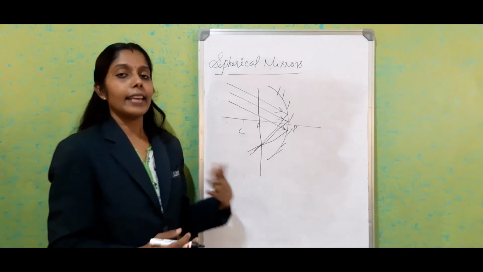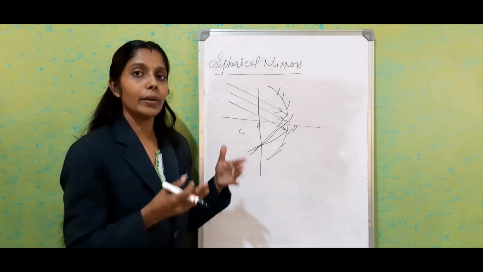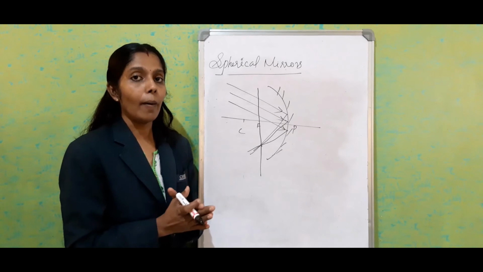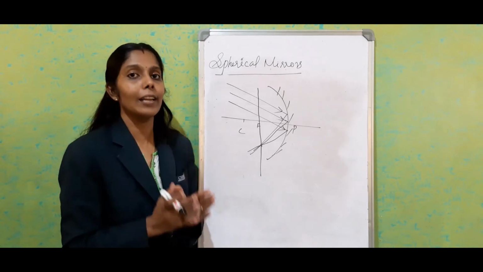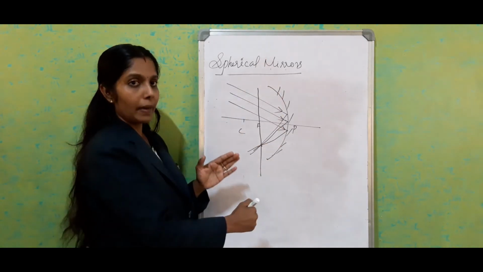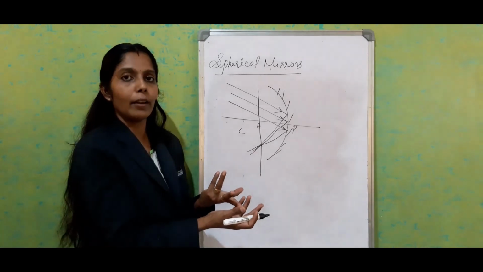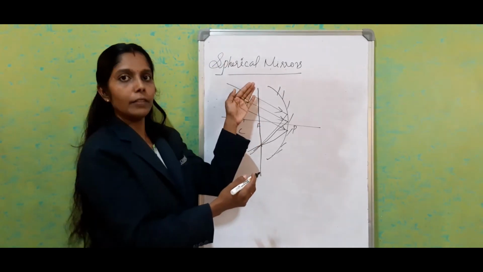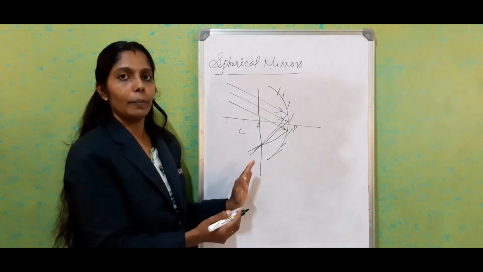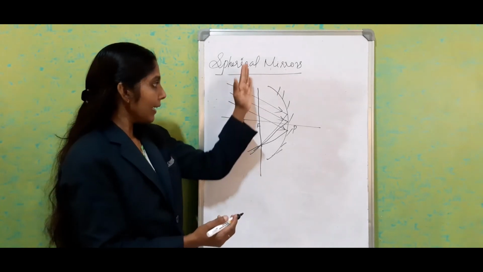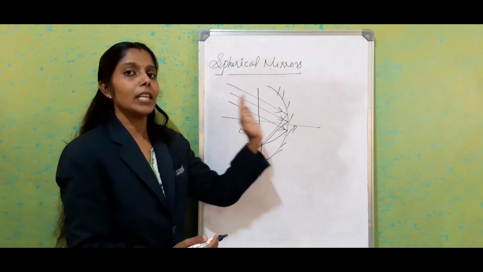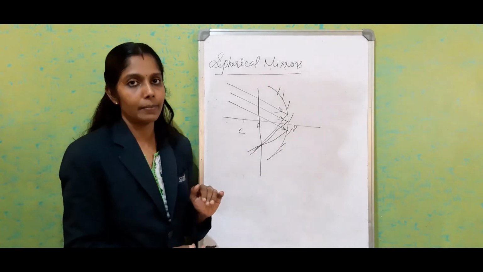So any kind of rays, inclined rays or any rays, after the reflection will meet at a point on the focal plane. Anywhere in this plane, we cannot always say it will be on the focal point, but it can be above the focal point or below the focal point, but always it will be situated on the focal plane. This will be the same case for convex mirrors.